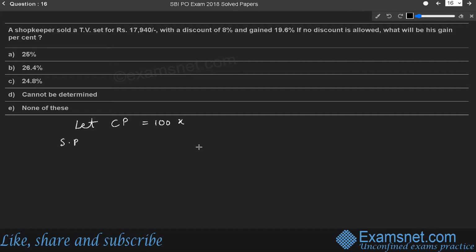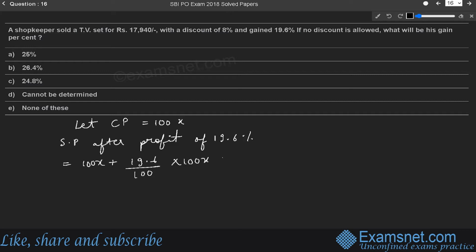So the selling price after the profit of 19.6% will be equal to 100x plus 19.6 upon 100 into 100x, which is equal to 119.6x.